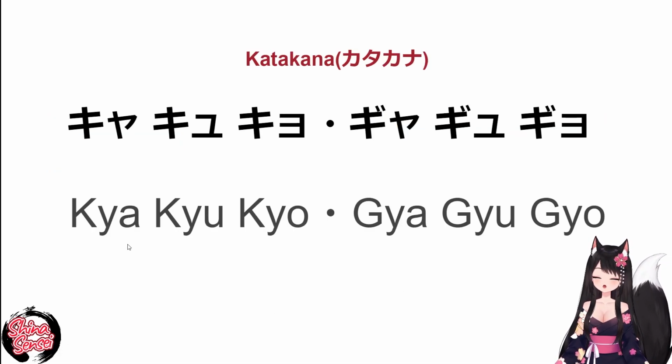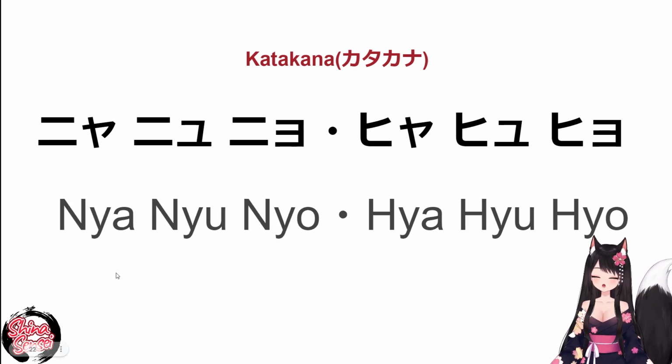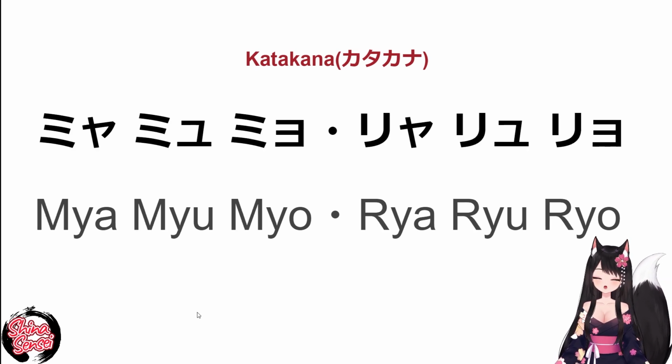So we have kya, kyu, kyo, gya, gyu, gyo, sha, shu, sho, ja, ju, jo, nya, nyu, nyo, hya, hyu, hyo, bya, byu, byo, pya, pyu, pyo, mya, myu, myo, rya, ryu, ryo.